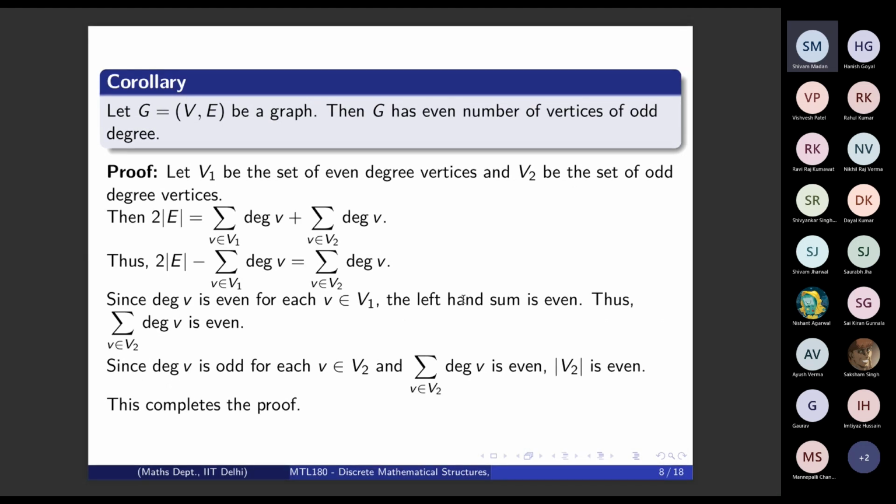Now we have a corollary for that handshaking lemma. It says: let G be a graph, then G has an even number of vertices of odd degree. For any graph G, you must have an even number of vertices of odd degree. Why is this?